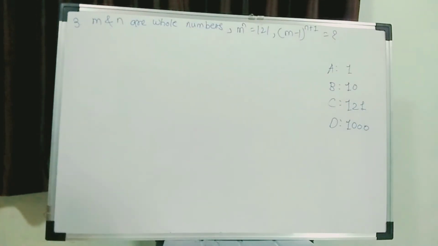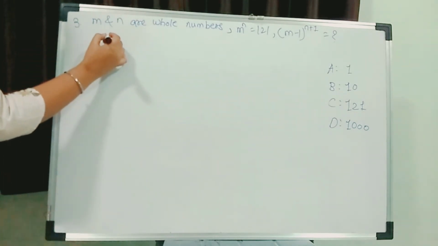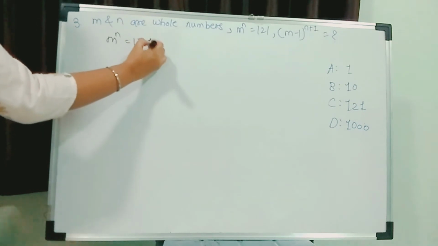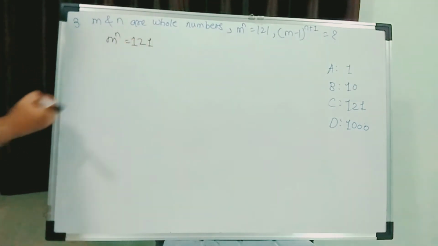Next example, m and n are whole numbers. m raised to n is equal to 121. Find the value of m minus 1 raised to n plus 1. First I will write this, m raised to n is equal to 121.